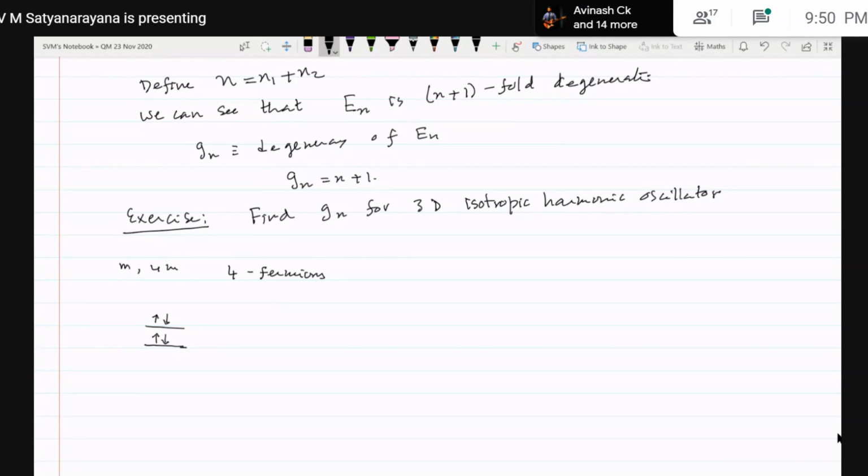Correct? Yes, sir. So the energy of this system is equal to 2 times E0 plus 2 times E1. That is equal to 2 times h bar omega by 2 plus 2 times 3 h bar omega by 2. Correct? Yes, sir.